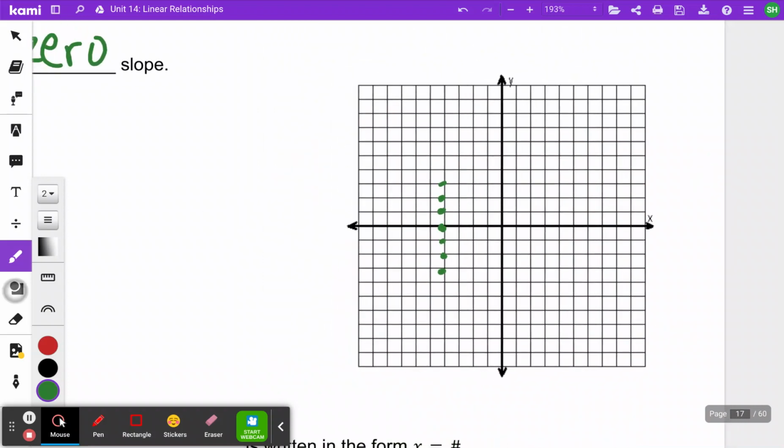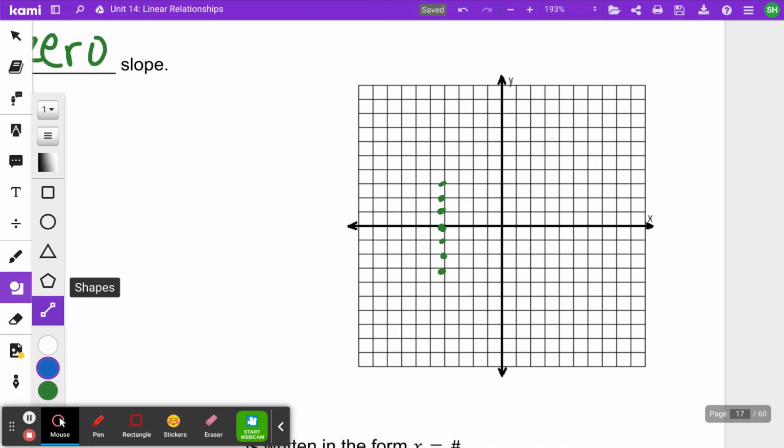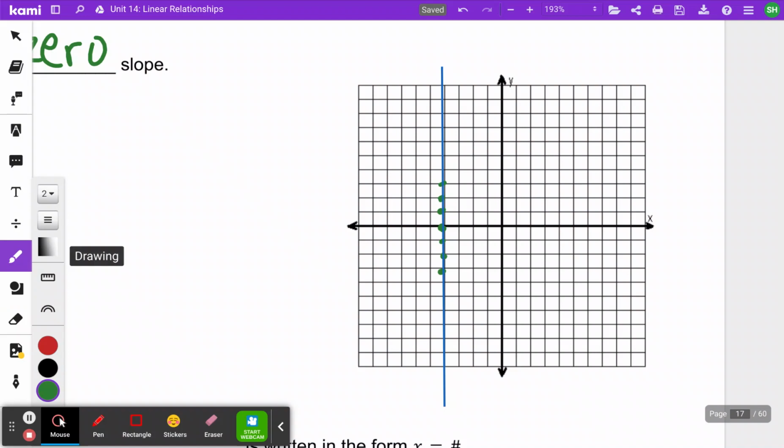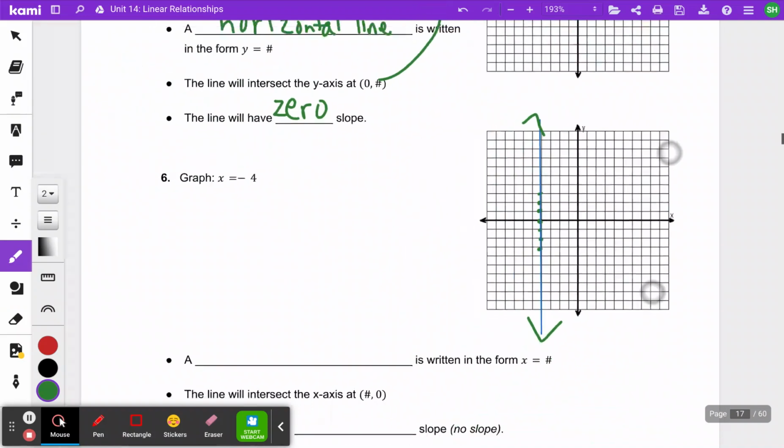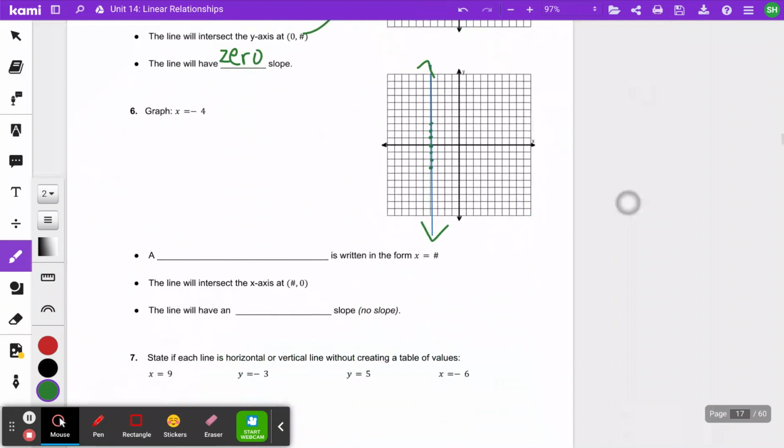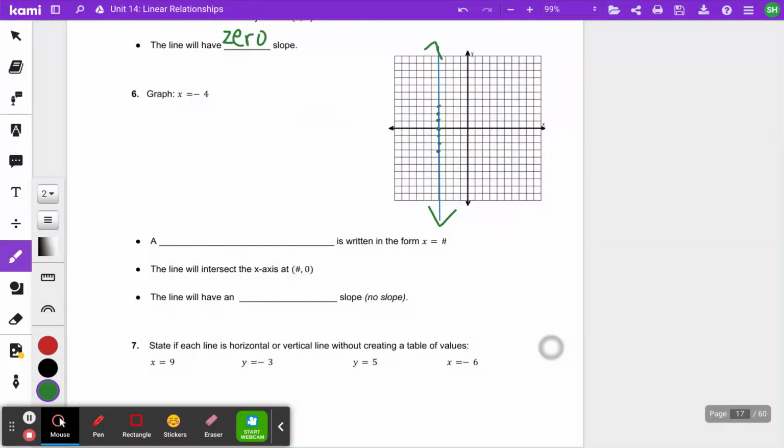And so this is the one and only type of line which is not a function, because when you connect those dots, that x value has been repeated over and over and over again. And so because that's not a function, we have a little bit of a unique situation. A vertical line doesn't even have a y equals equation.